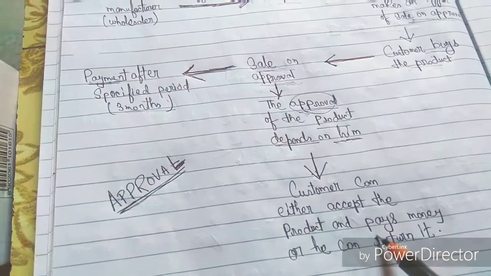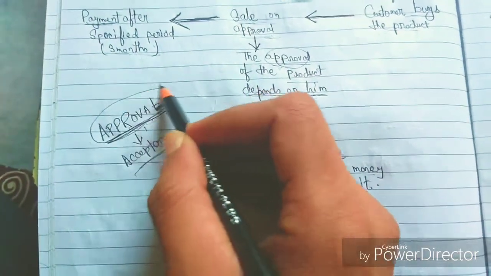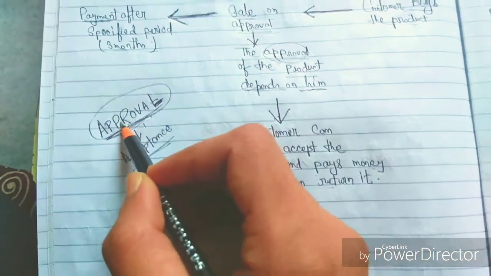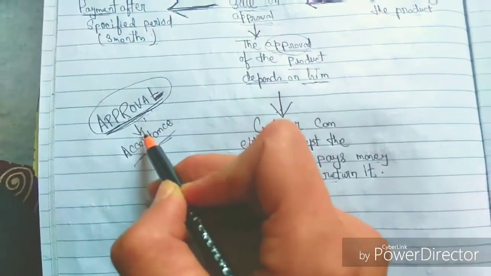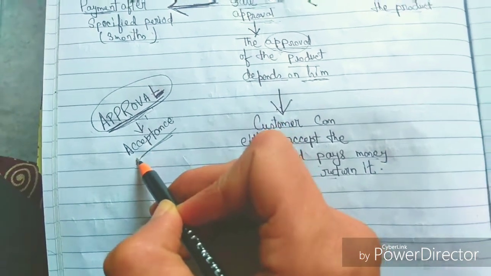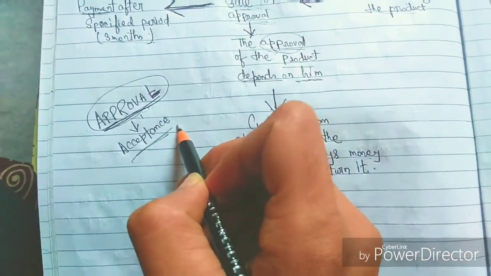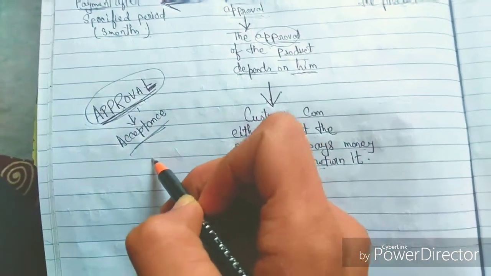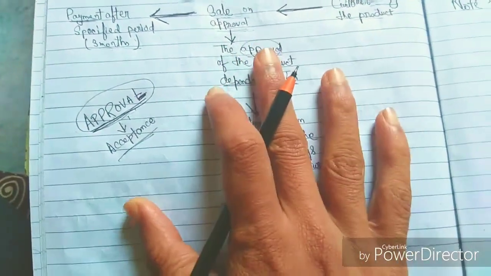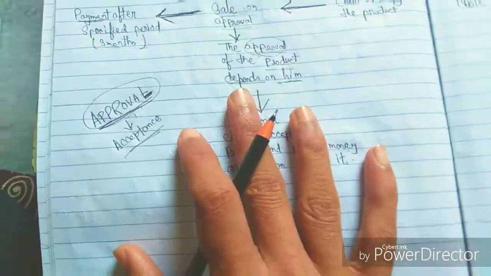Now the customer can either accept the product and pay the money, or he can return it. So the whole basic concept of sale and approval revolves around this word, which is approval, and its meaning is acceptance. So it depends wholly on the customer whether they accept the product or not. So this was the main basic concept of sale and approval.